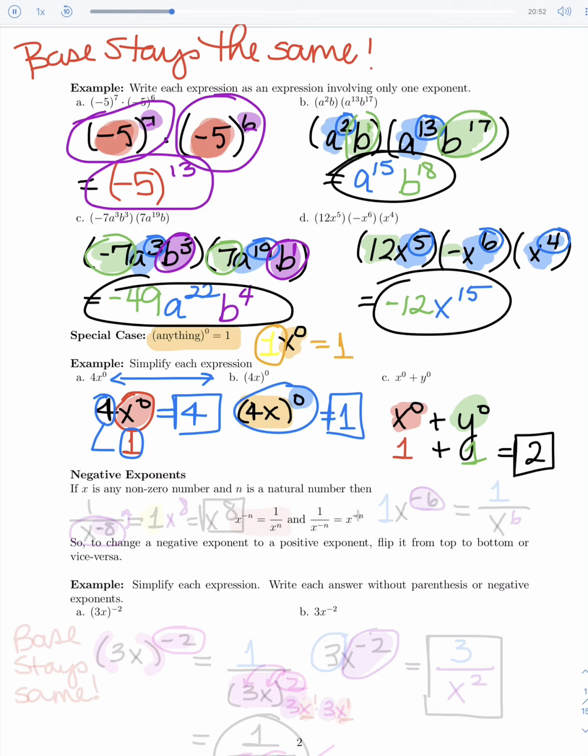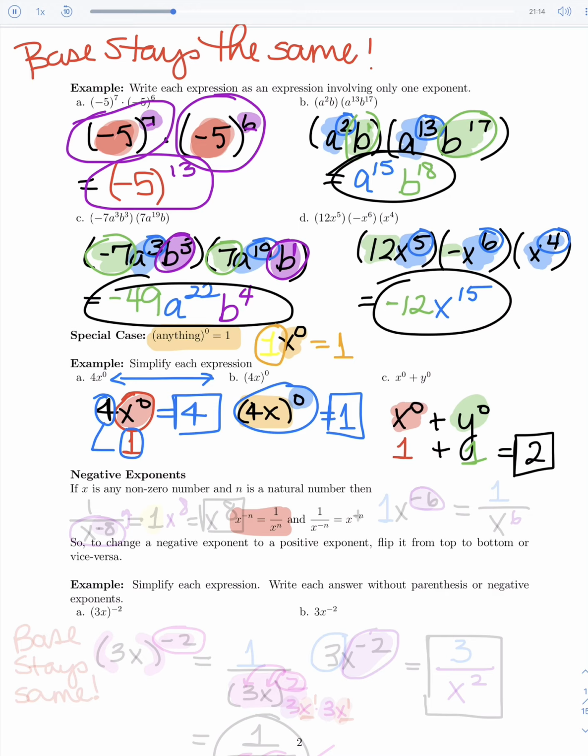And what this rule says, let's look at the first one, is if you want to make a negative exponent positive, you can, but what you have to do is drop that negative exponent from the top to the bottom of a fraction. And then the exponent will become positive.